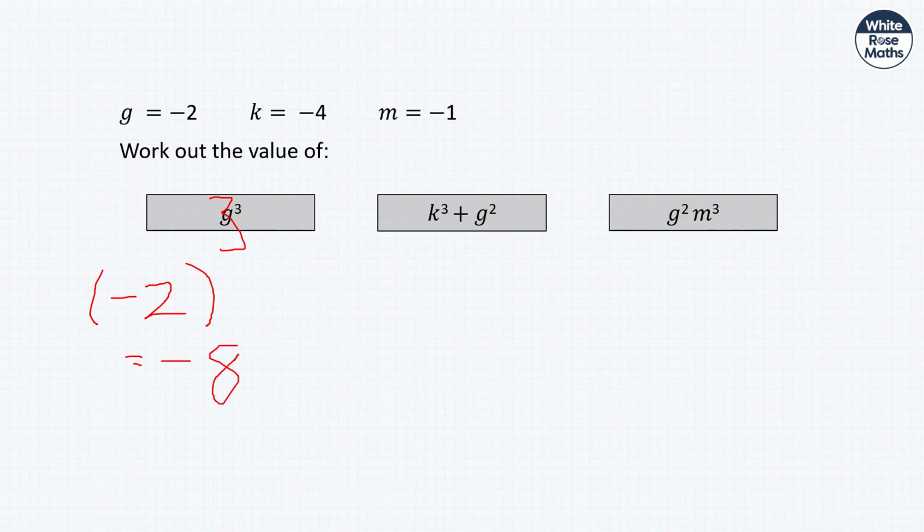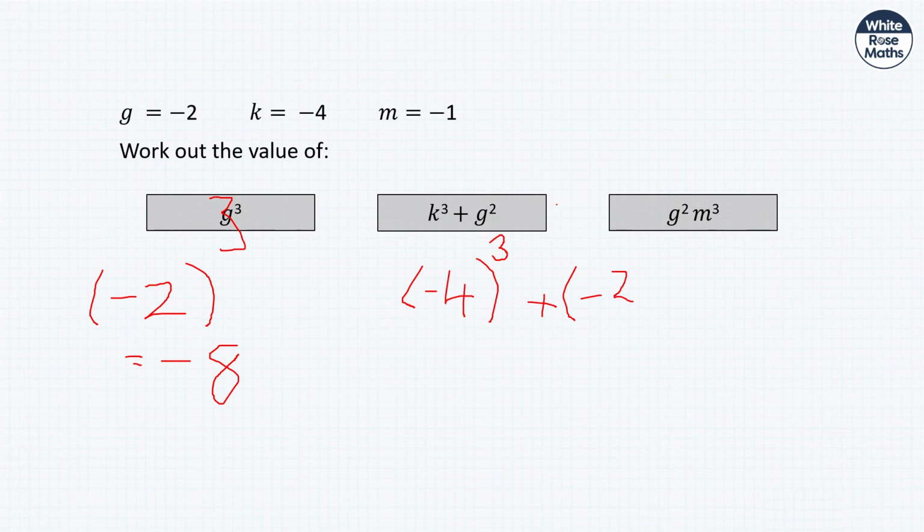Okay, this next one, k cubed plus g squared. Well, k cubed is going to be minus 4 all cubed. That'll be minus 64. So minus 4 all cubed plus minus 2 all squared.